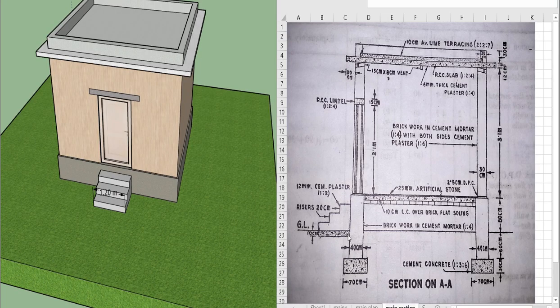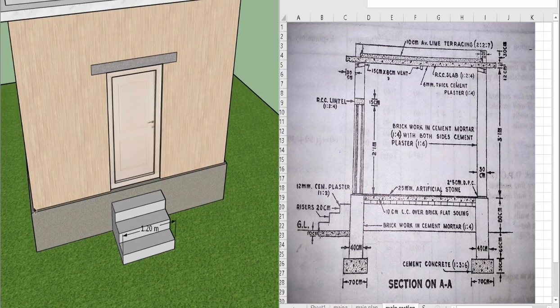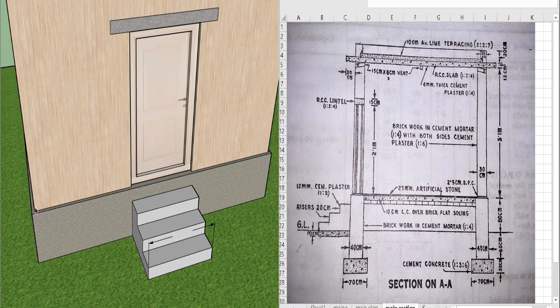While doing the plaster, we don't do the plaster below the ground level, we have to do plastering only above the ground level. So firstly we have to do plastering from this ground level up to this plinth level, and our height is 80 centimeter. We have to do plastering on this side from ground level to the plinth level, and this portion of the length is the outer to outer length of this room plus this small offset, that is 0.05.